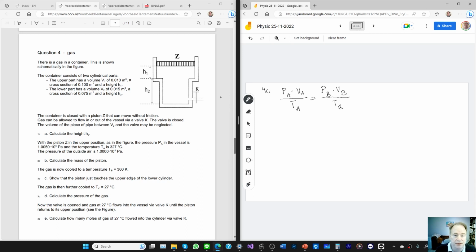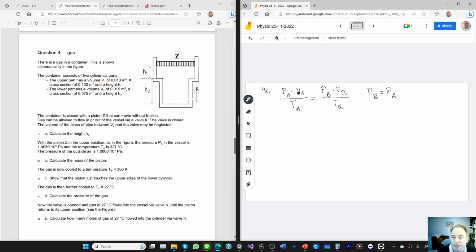Now, in this case, since the piston is free to move and the weight and the outside pressure remain the same, we should ignore this small height here. We can just assume that PB is equal to PA, the pressure is the same. The temperature change is given, and volume will change as a result.